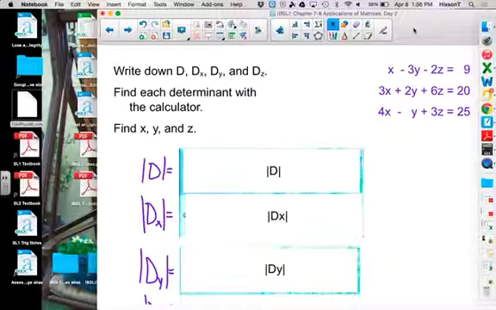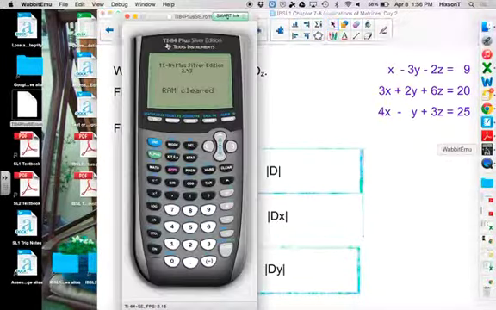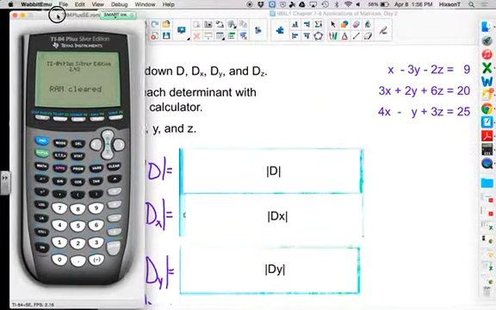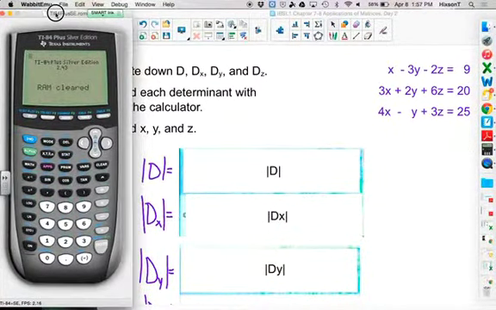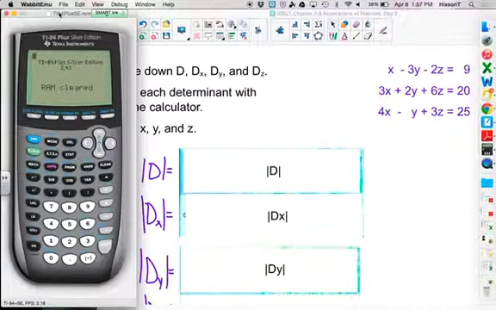And then 4x minus y plus 3z equals 25. I'm going to show how to do this on the TI-84 first. Then, while you guys are finishing figuring out exactly how to do it, I'll show how to do it on the Nspire, because it takes about a third of the time on the Nspire as it does on the 84.